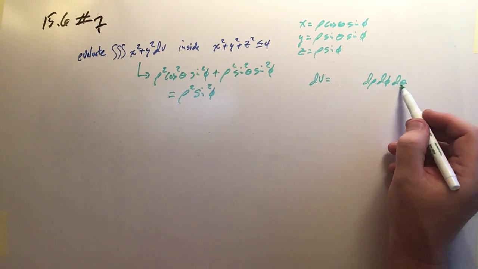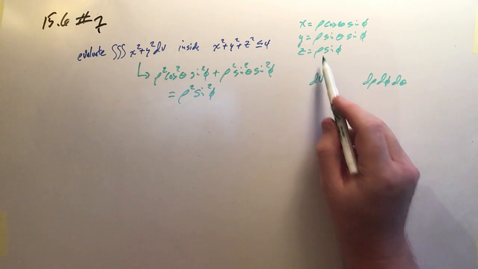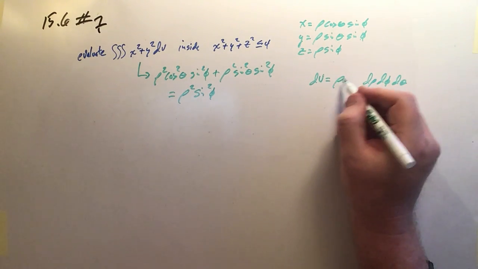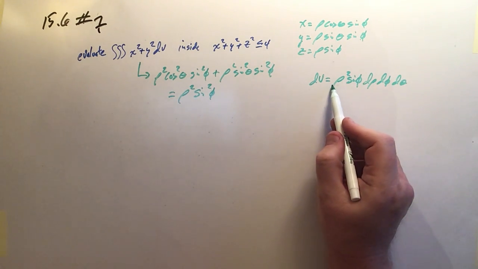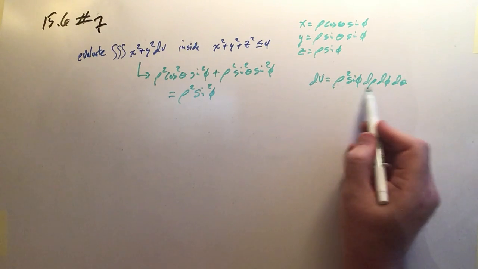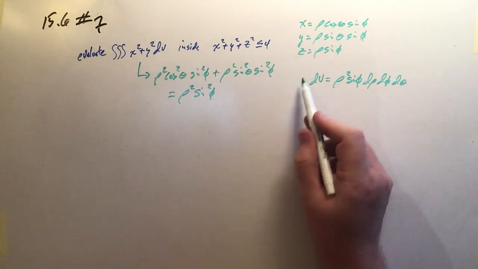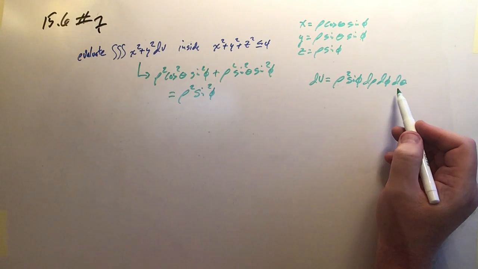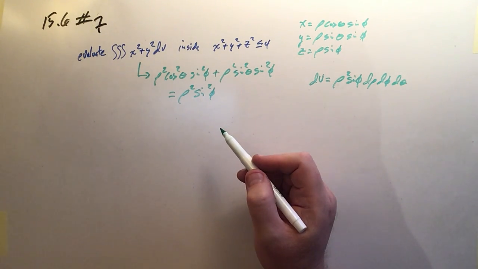Well, this time that r for d theta is actually the projection of rho into the flat plane, and that's rho sine phi. So the differential is rho squared sine phi, and then you've got the 3 differentials. So this is dV, that is, this isn't part of the integrand, this just comes along for the ride in spherical coordinates. So this will have to be multiplied by this in order to build our actual integrand.